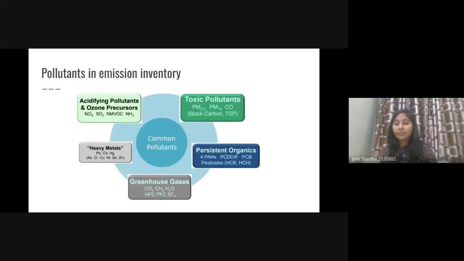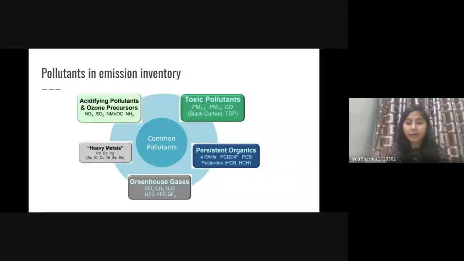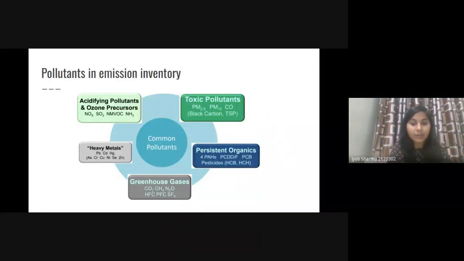And different types of pollutants we can consider while we are preparing the emission inventory. It can be toxic pollutants, for example particulate matter 2.5, particulate matter 10, carbon monoxide. It may be persistent organics, for example PAH. What's the full form of PAH? Can anybody tell me?